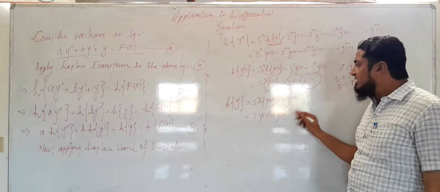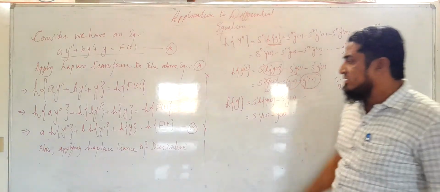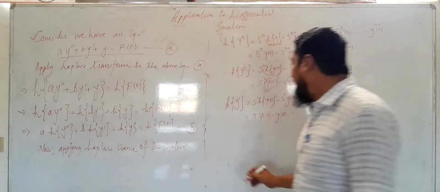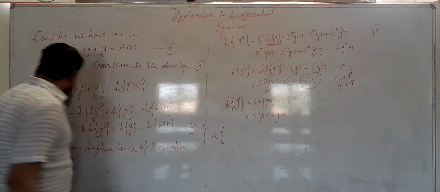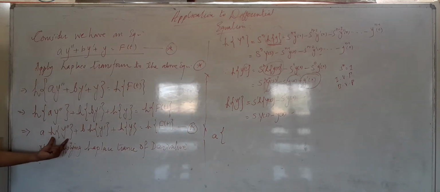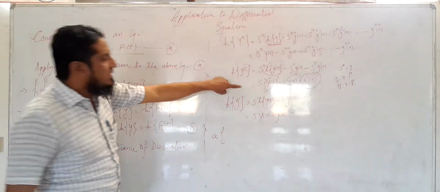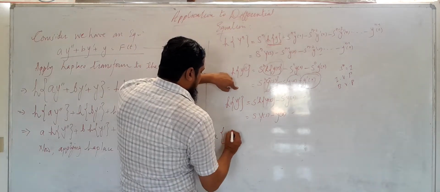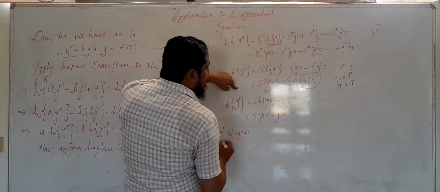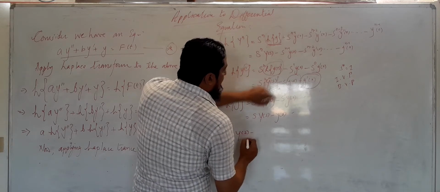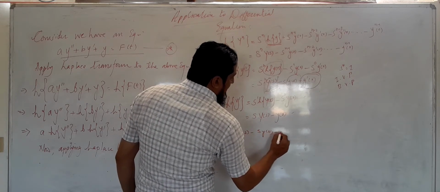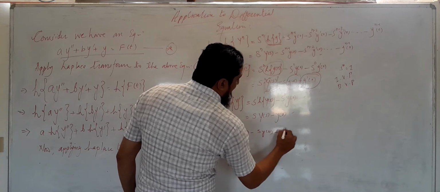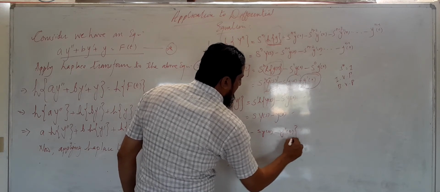So by using these values in this equation, we will get a times Laplace transform of y double dash, which is equal to s square Y of s minus s y of 0 and y dash of 0. Correct.